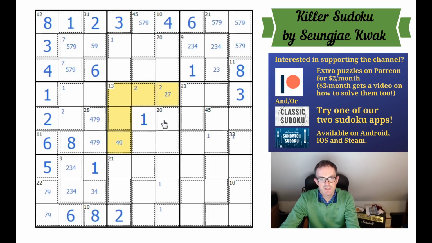Now, this is huge. Now there is a 3 locked into the 20 cage, so it must be 3, 8 and 9. There's an 8 here, so that's an 8. This is a 4 now, it can't be a 9 anymore. This can't be a 9 now, so that's a 5. That can't be a 5 now.